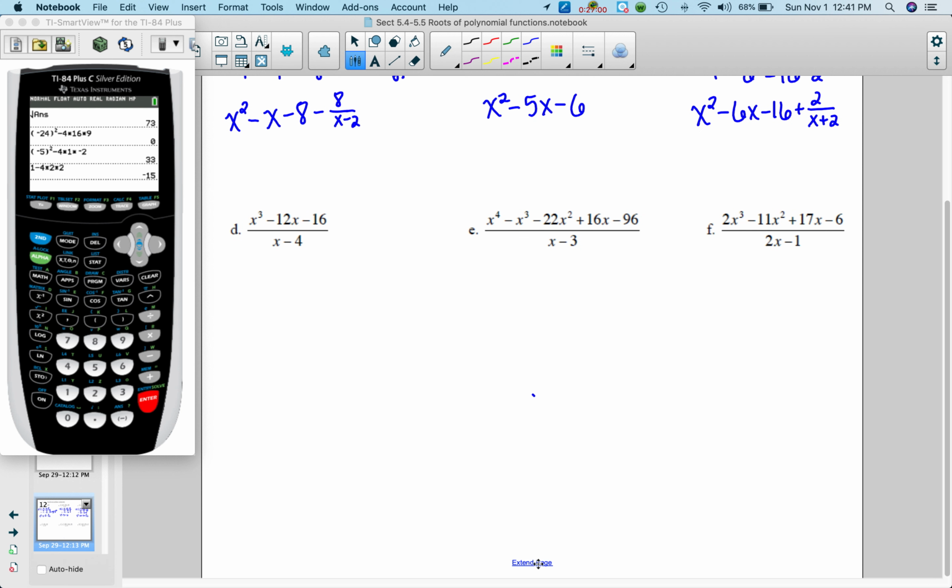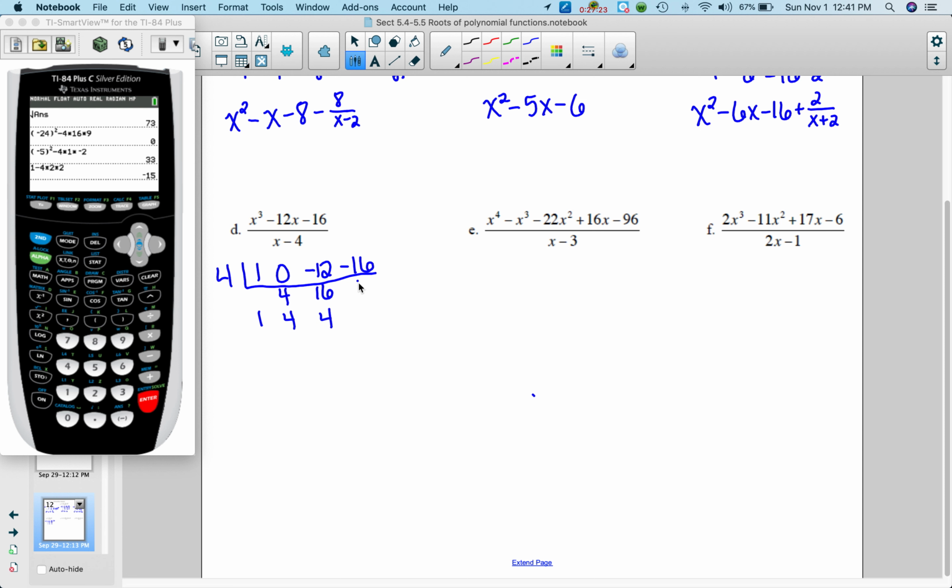Next one. We're going to have a 4 out front. We have a 1x cubed, and there is no x squared, so I have to leave a 0 as a placeholder. And then we have negative 12 for the x and a minus 16. So I bring the first number down, I multiply, and I add. I multiply, I get 16, and I add.